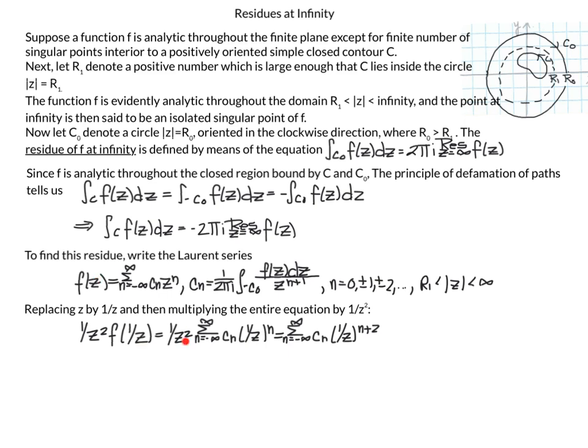So I get 1 over z squared, my summation of c sub n, 1 over z now to the n. Combining this 1 over z squared with my 1 over z to the n, I get the summation n equals negative infinity to infinity, c sub n times 1 over z to the n plus 2.